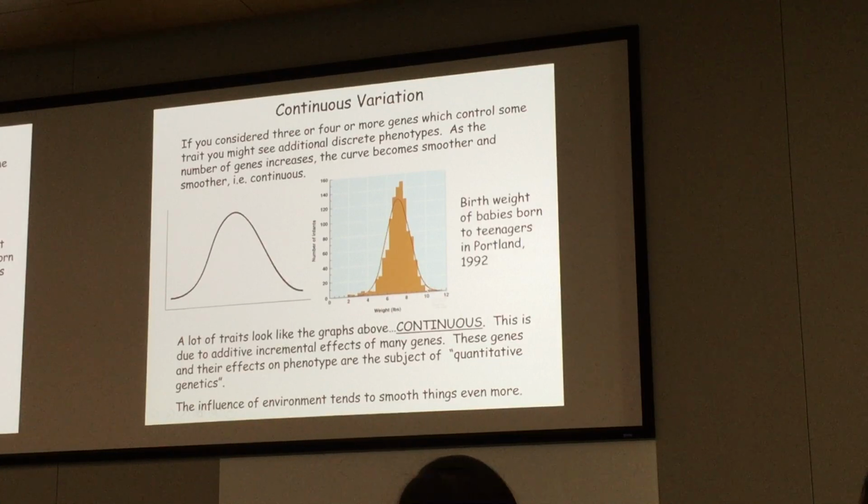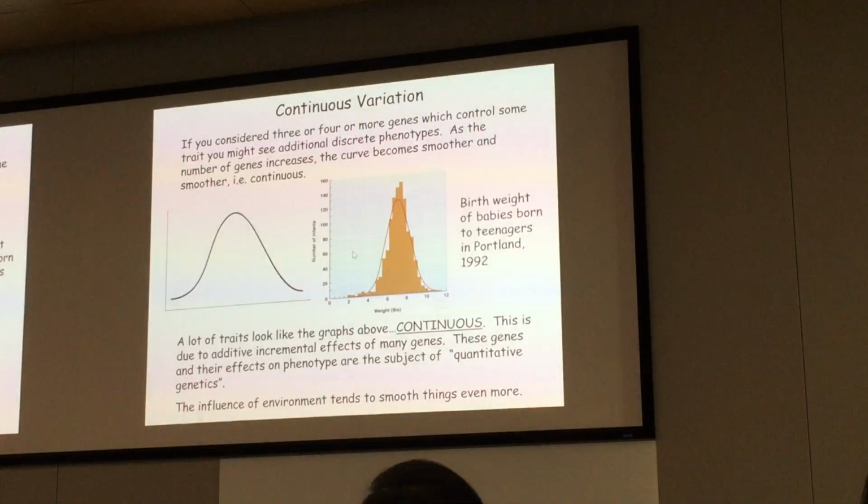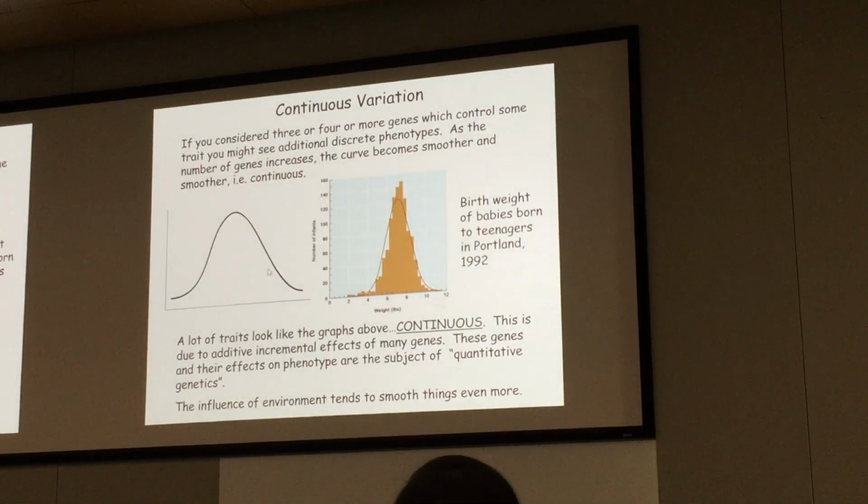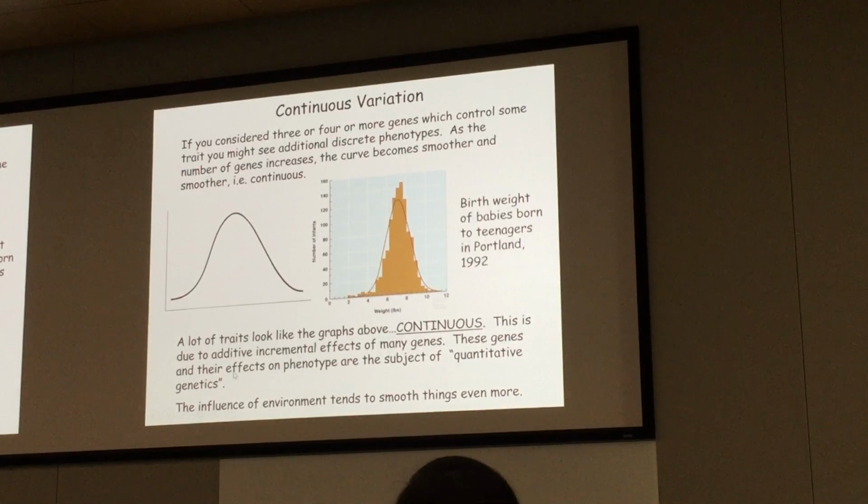Individuals over here have a collection of alleles that cause a little bit heavier weight. Now this is complicated because you can have maternal influence, you can have environmental effects and so forth, and those types of things are going to smooth it out even more. Okay? But when you have the contribution of a lot of alleles, you're going to get continuous curves that look like this. Okay, so this is kind of the subject of quantitative genetics.